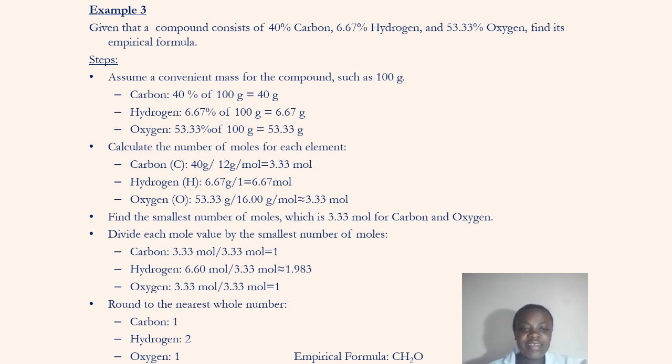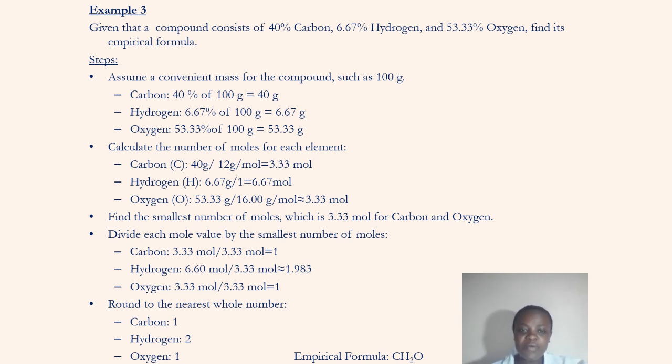The next step now will be to find the smallest number of moles. The smallest number of moles, as we can see here, is 3.33, which belongs to carbon and oxygen. So 3.33 will be dividing all through. We divide by 3.33 to get the smallest ratio.